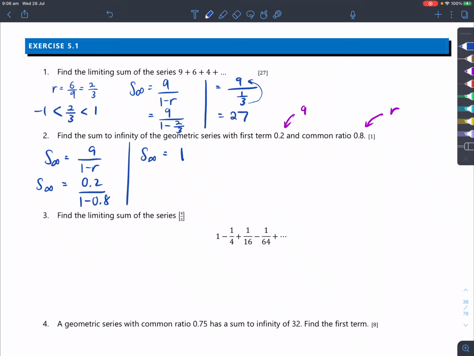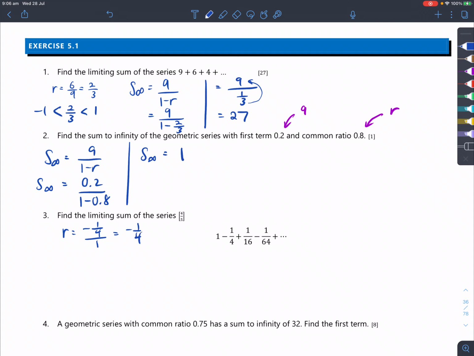Question 3. Find the limiting sum of the series. So in this case, let's see what the ratio is. The ratio is going to be -1/4 over 1, and that's -1/4.